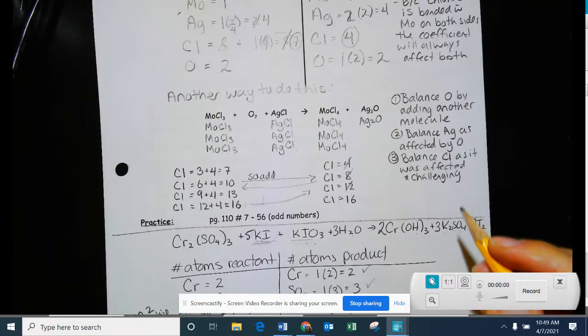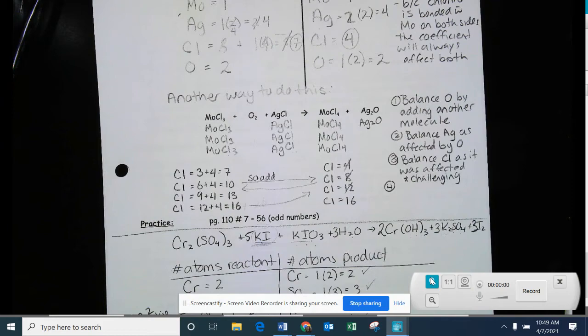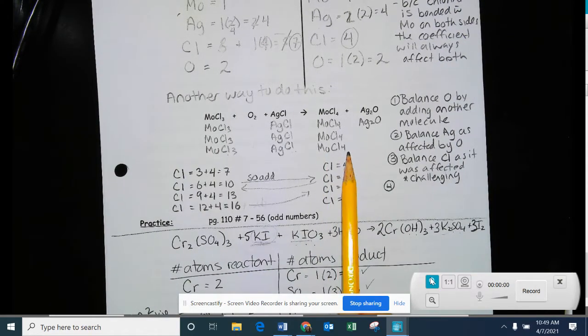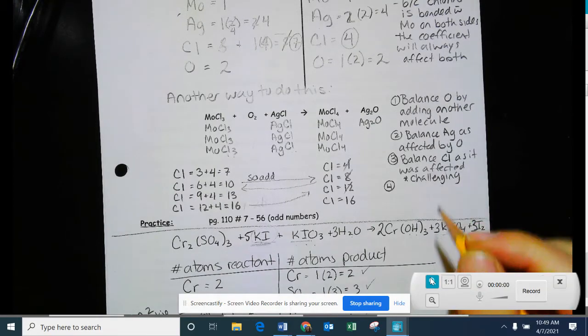So that was balancing the Cl, and that can be a little bit of a tricky process, but you just kind of go through. It's a little trial and error. But the good thing about this is we're just dealing with the MoCl3s and MoCl4s, and we're trying to get those to an even number, because if our chlorine is balanced here, our molybdenum is going to be balanced.